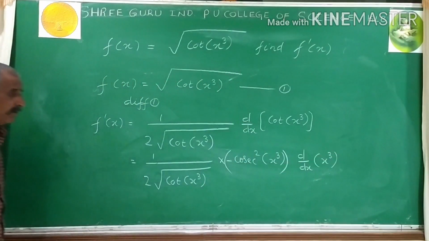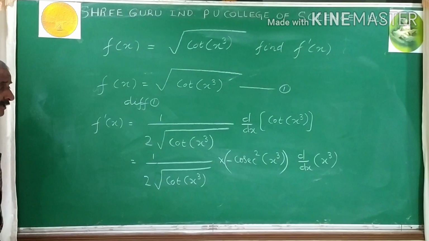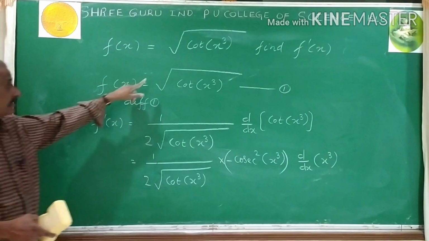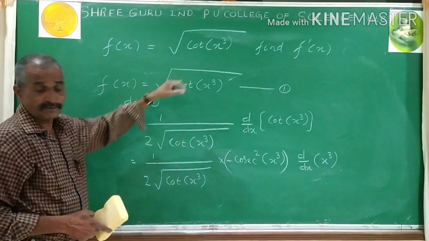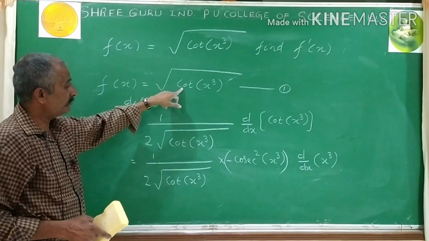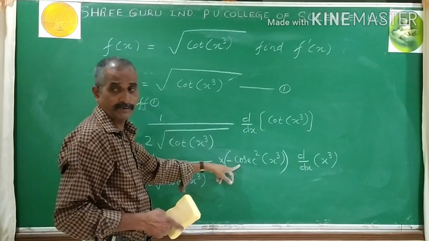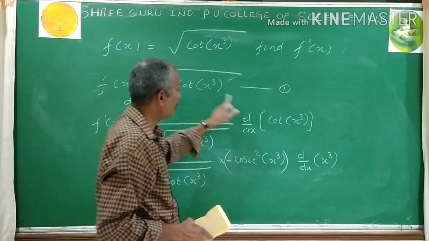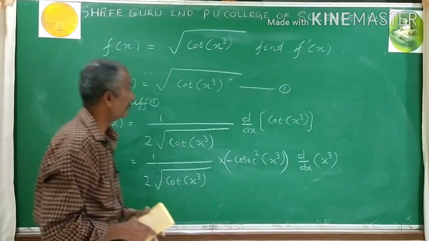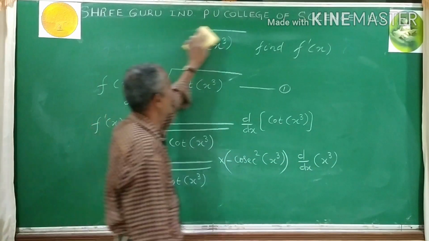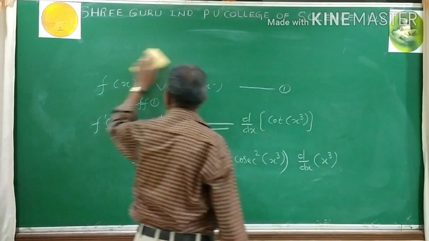It's a very simple logic. There is no question of confusion at all in composite functions. First, we should write the differentiation of the square root function, followed by the differentiation of the cot function, lastly followed by the differentiation of x cube. One more step.